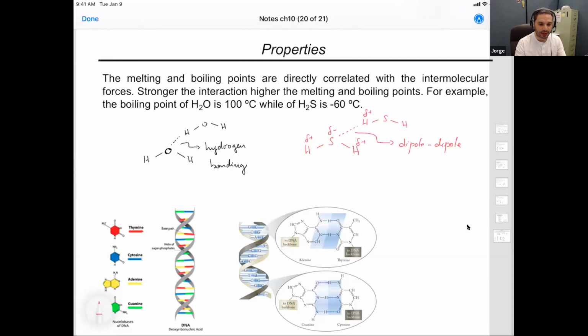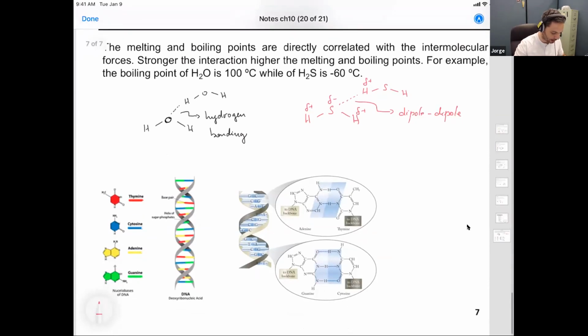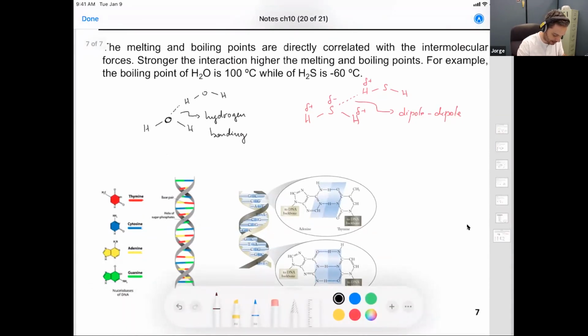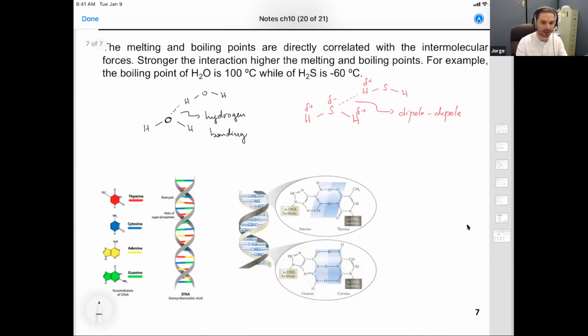Another area where hydrogen bonding is useful is in biological systems, and I'm highlighting here the DNA. The DNA is formed through the interaction of the nucleobases, or nitrogenated bases.